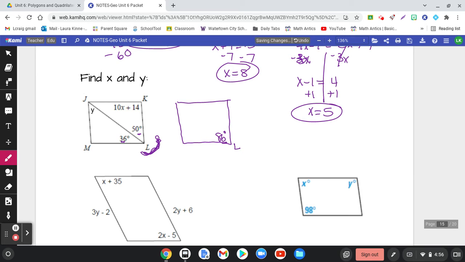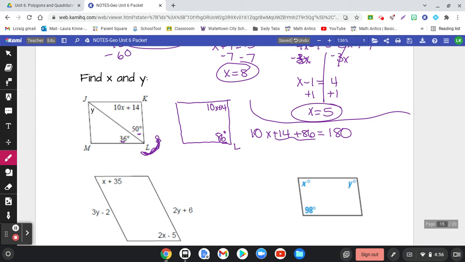Okay, so remember 86 and the 10x plus 14 add up to 180. So I'm going to set that up. 10x plus 14 plus 86 equals 180. And you have a lot more space on yours because it didn't shift.